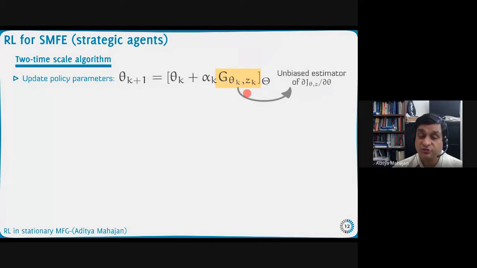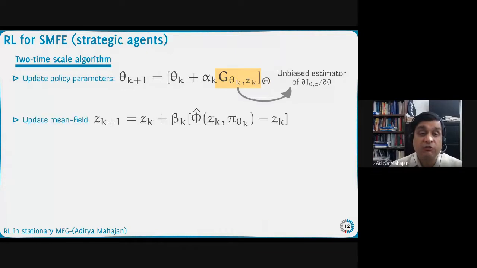For the time being, let's assume I can get this in some way. So if I could get that, I could just follow this recursion to update my policy parameters. And the notation square bracket subscript theta means I'm projecting them back into my closed compact set theta. And I will simultaneously update my mean field.